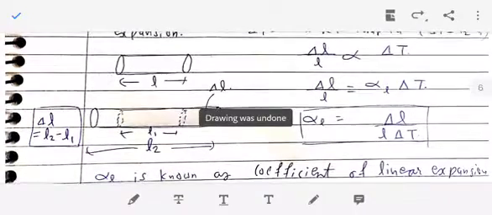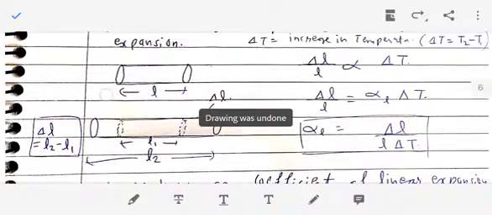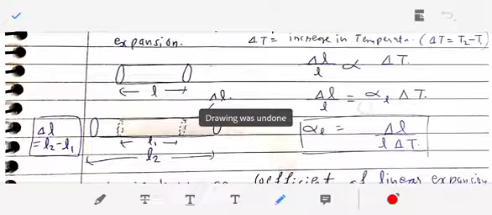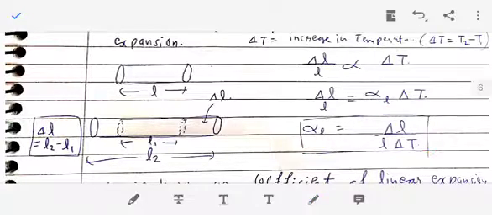When we remove the proportionality sign, there will be a constant, and here this constant is alpha, with subscript L, so it is alpha L, the coefficient of linear expansion. So delta L upon L is equal to alpha L times delta T, and alpha L is equal to delta L upon L divided by delta T.